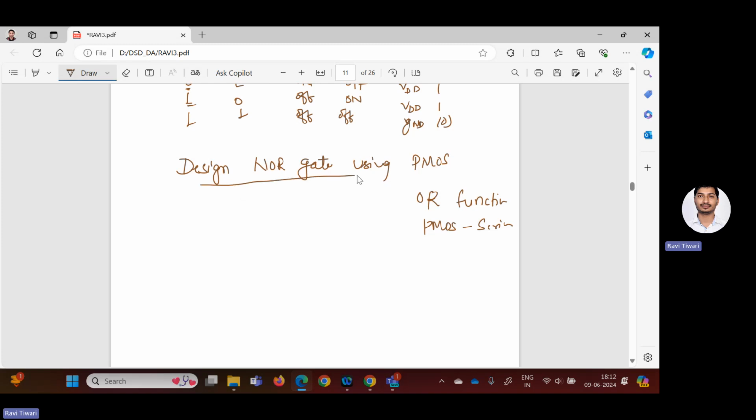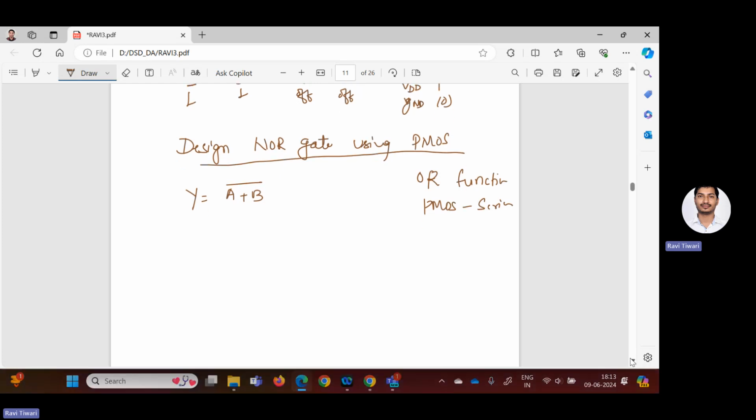So first we will write down the expression of a NOR gate. That means Y equals (A plus B) whole bar. But don't focus on the inverter, because PMOS is already an inverter. Okay, PMOS is already an inverter. Now focus on this plus sign, and this plus sign is what? OR functionality. That means PMOS will be connected in series like this, here in this way.